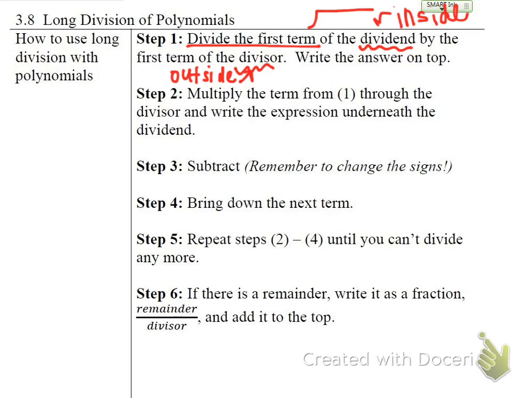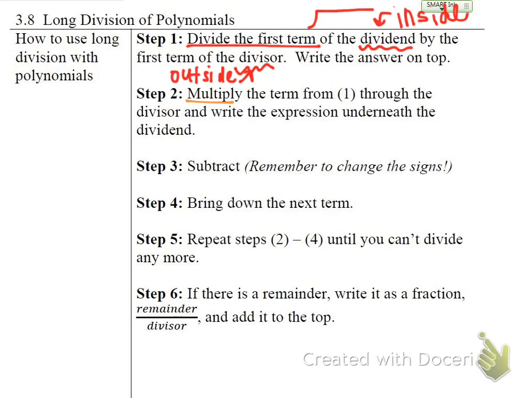So divide the first term of the dividend, the inside, by the first term of the divisor, the outside. And you're going to write the answer on top. Then you are going to multiply the term from step 1 through the entire divisor.